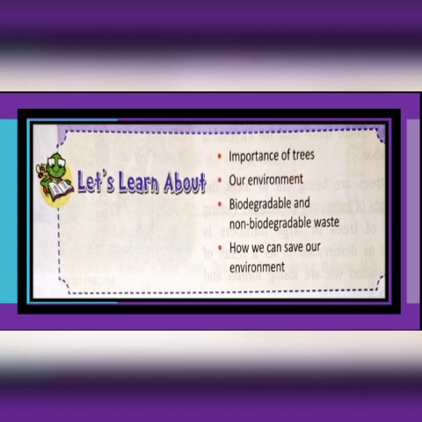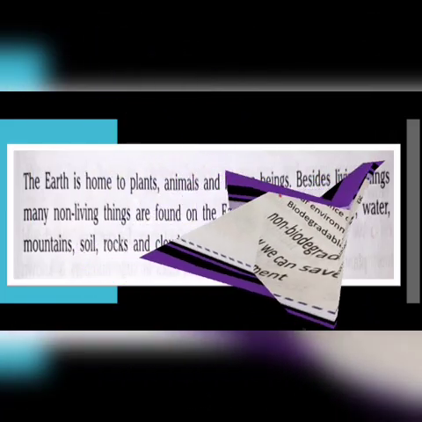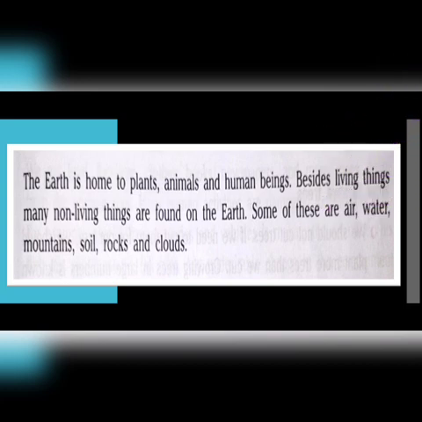Importance of trees, our environment, biodegradable and non-biodegradable waste, how we can save our environment. So all these main topics we will learn from this chapter. Now let us start today's class.